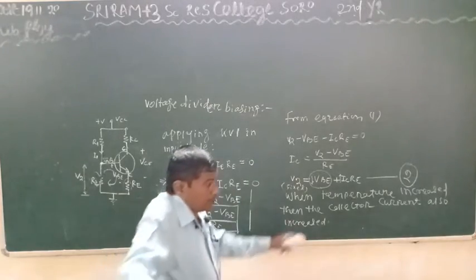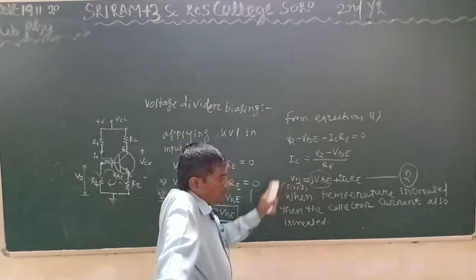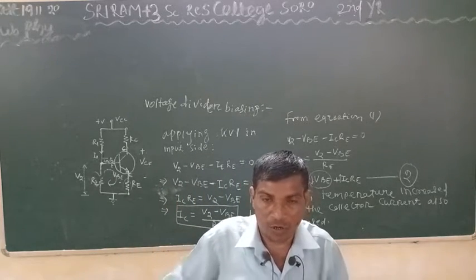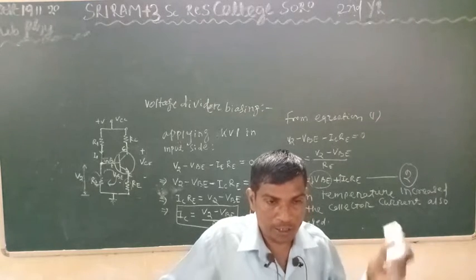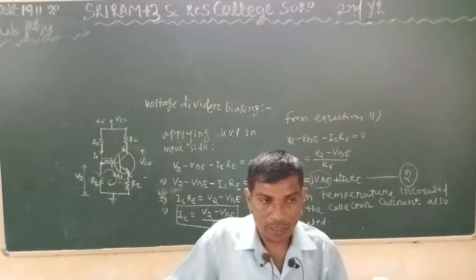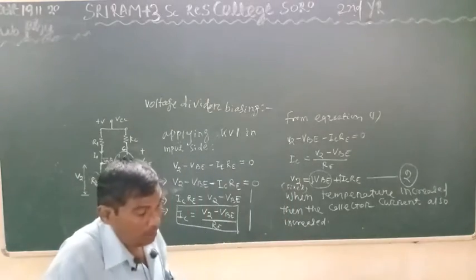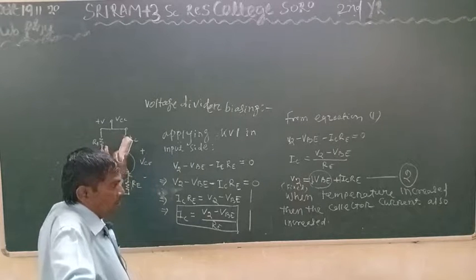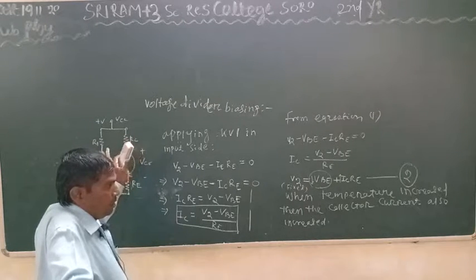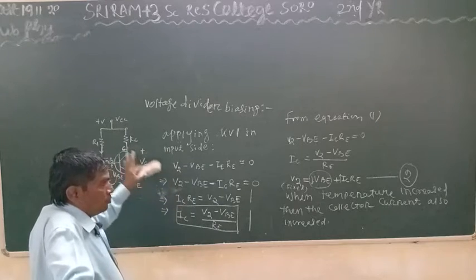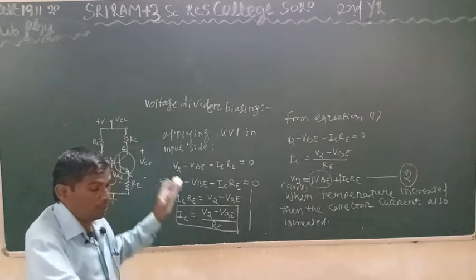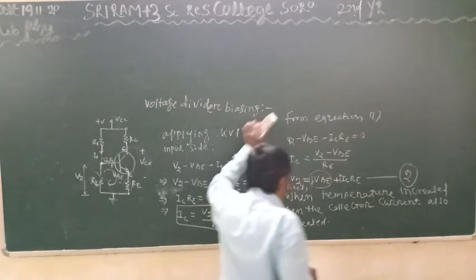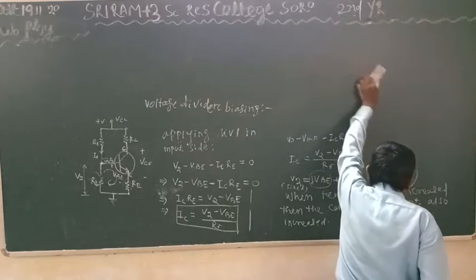When VBE decreased, then base current decreased. But in a transistor, when base current decreased, the collector current also decreased. It is seen that the collector current does not depend upon temperature. So this type of biasing, voltage divider biasing, gives good stabilization, as it does not depend upon temperature.